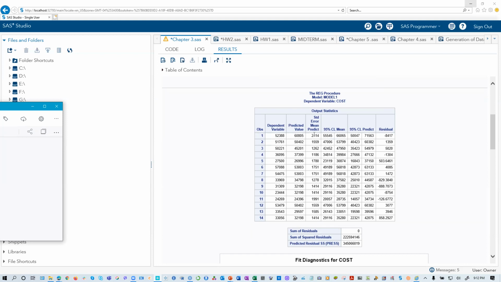Then you say, hey, I'll give the intervals. If it is the average cost, it's going to be in the range of $50,545 to $66,065. If it is the individual cost, it's going to go from $50,047 to $71,567.